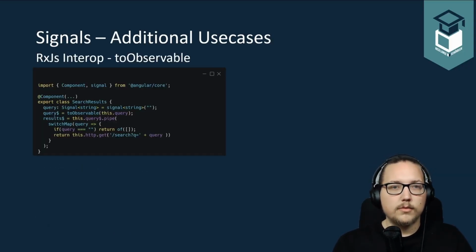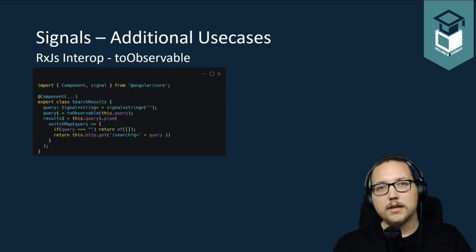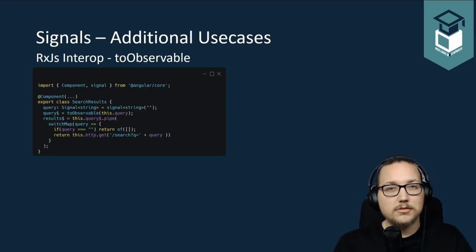Also, we have the opposite of it. That means you can also convert a signal to an observable. In that example, you see we're creating a signal query and using toObservable of the query to make an observable out of the signal. And then we use this with a switchMap.